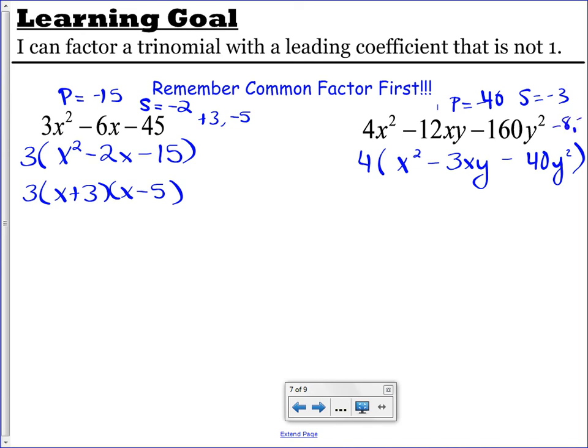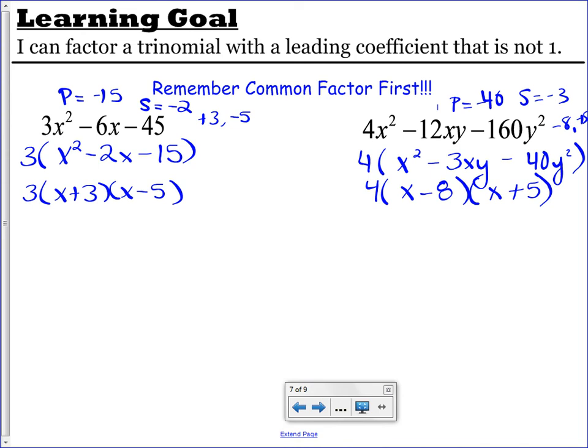Very good. Negative 8 times positive 5. So I would just write this as 4 bracket x minus 8 x plus 5. Ooh, what am I missing there?